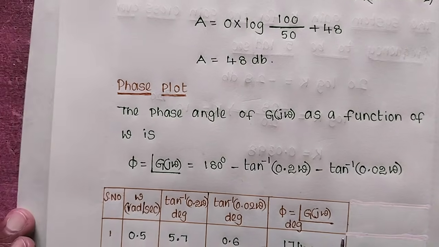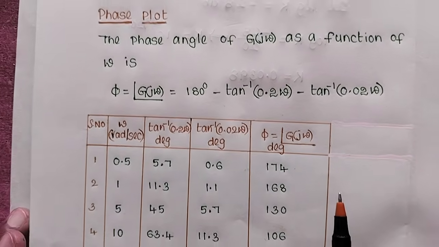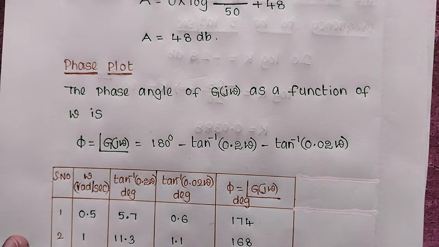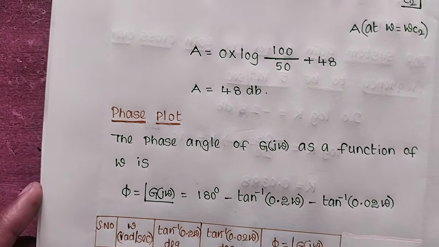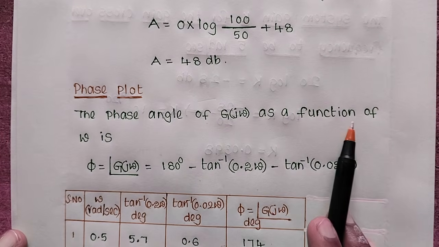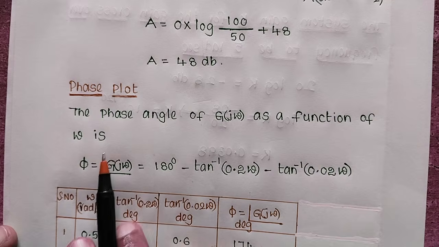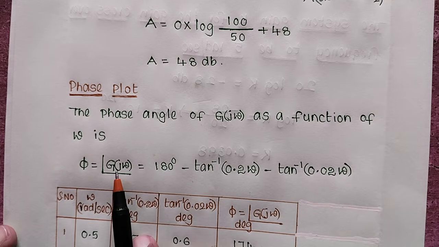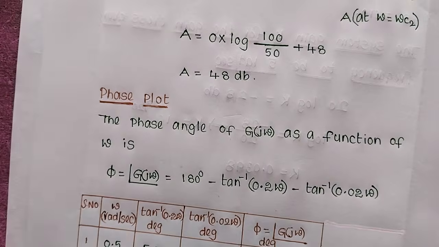Now we have to get the values for the phase plot. After getting the values for the phase plot, we can draw the Bode plots, that is the magnitude plot and phase plot. The phase angle of G of j omega as a function of omega: I am taking that phase angle as phi, equal to the angle of G of j omega.